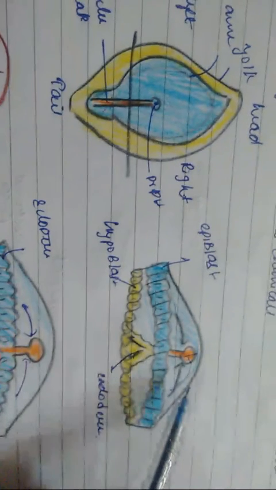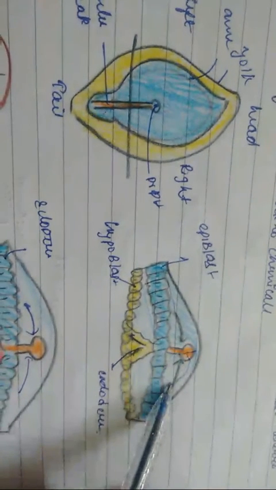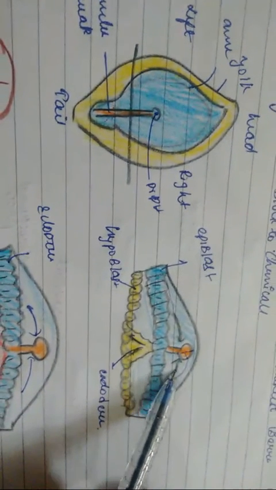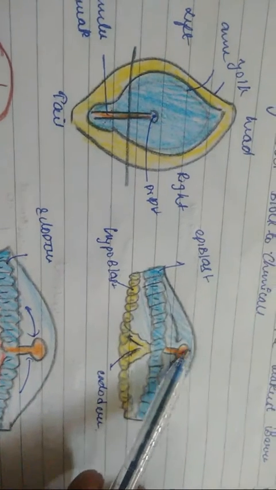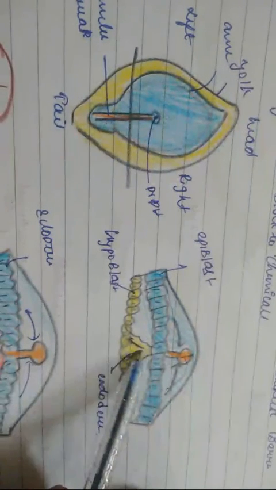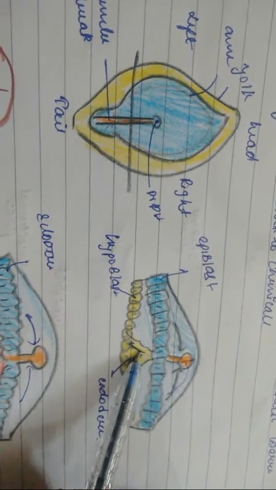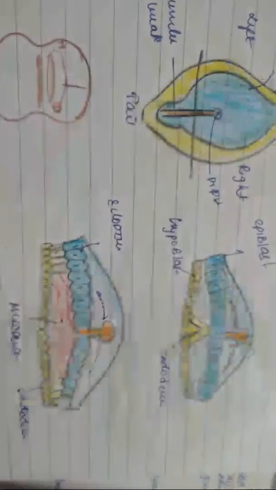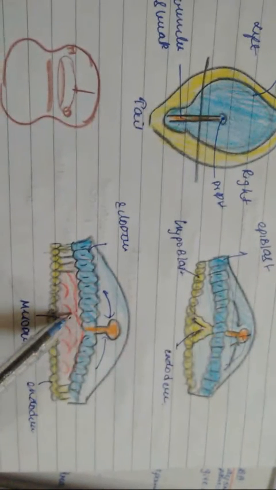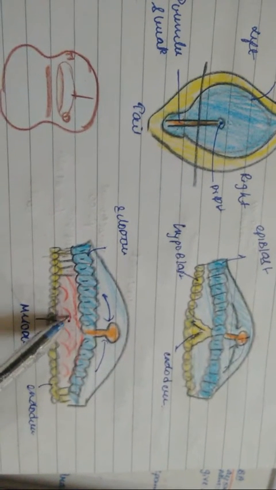So let us see what they form here. You can see this is the primitive pit, and epiblast cells are coming inside. They are going inside and forming something. What are those? That is what you have to understand. These are the cells which have come from this epiblast, and these are mesoderm.